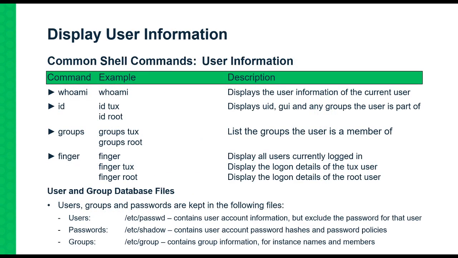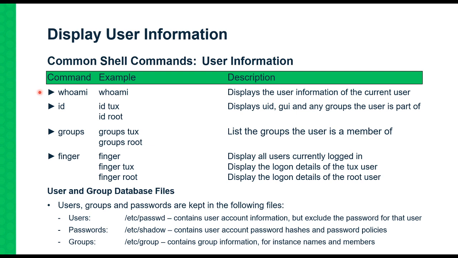We can display the user information using a few commands within our shell. Let's first look at what commands we can use to display which users are logged on and so forth.